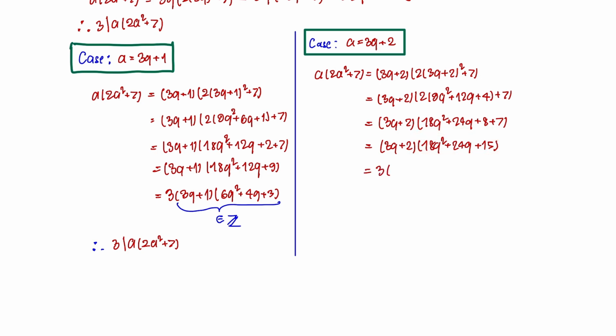So we have 3 times (3q plus 2) times (6q squared plus 8q plus 5). And as we can see, this is an integer because q is an integer. So (3q plus 2) times (6q squared plus 8q plus 5) is also an integer. That means that 3 is a factor of this term. So this means that 3 divides a times (2a squared plus 7).